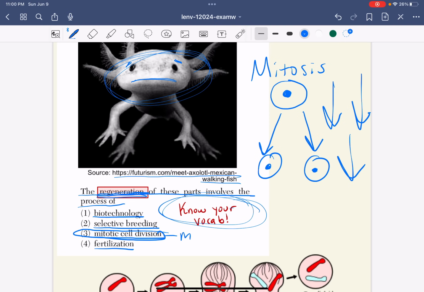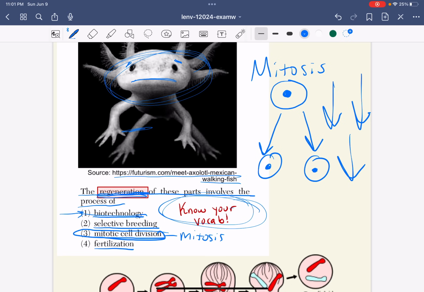Mitotic is also known as mitosis. Okay? Biotechnology we spoke about before. That's people who make technology in the field of medicine to make the lives of humans better or other organisms. So it's not biotechnology. We're not gonna grow a new part in the lab and attach it to this animal.